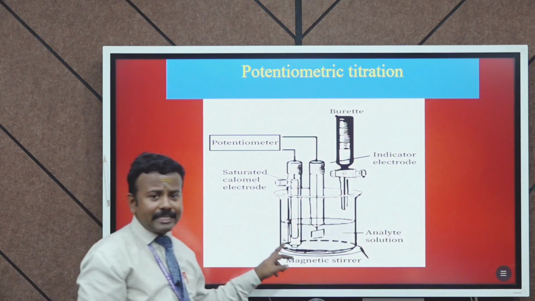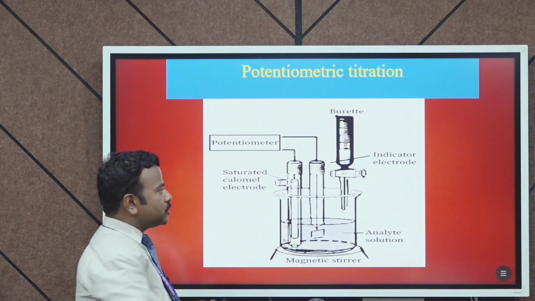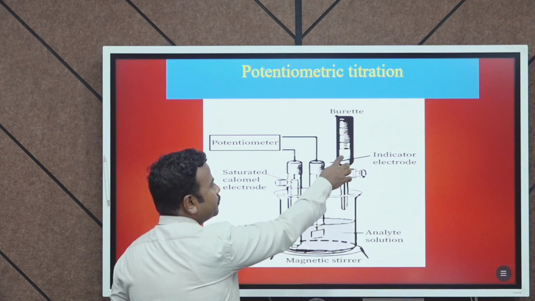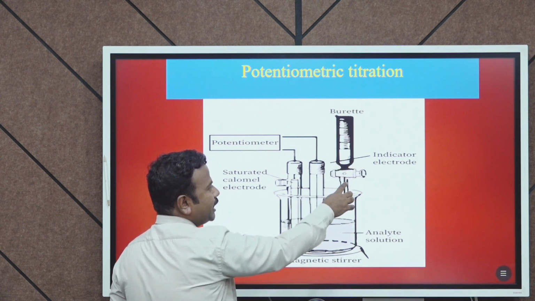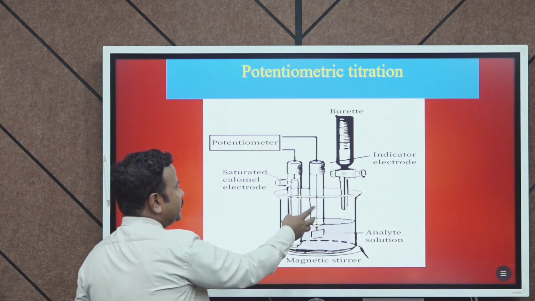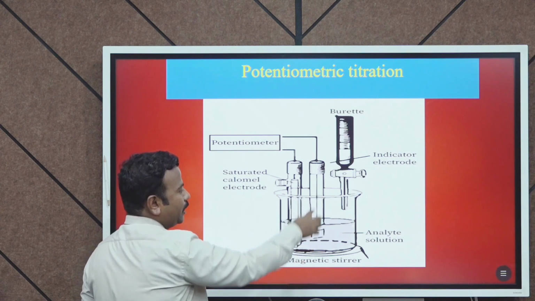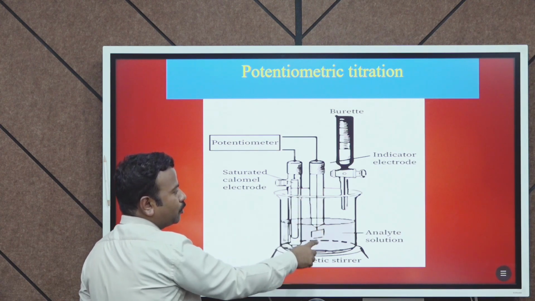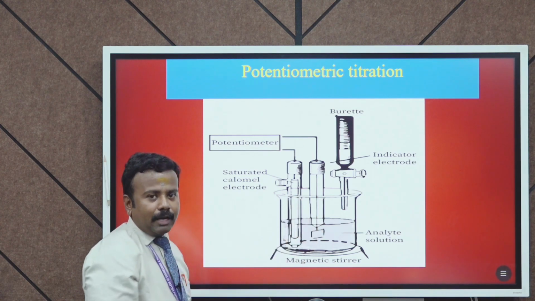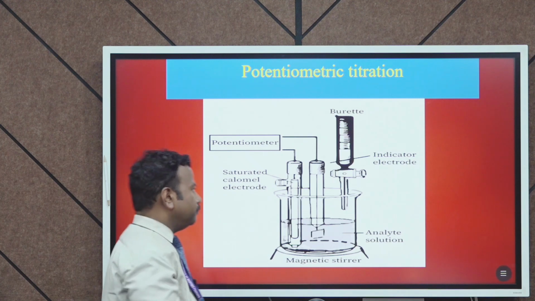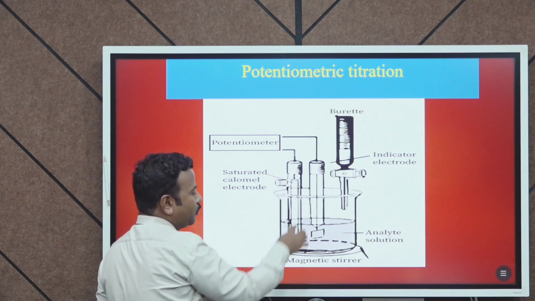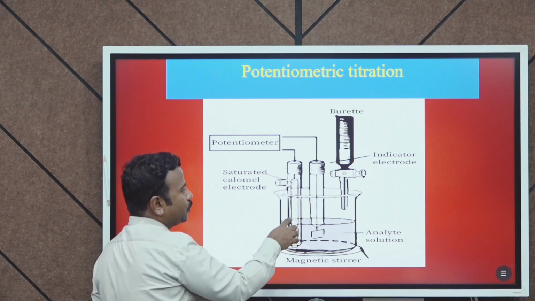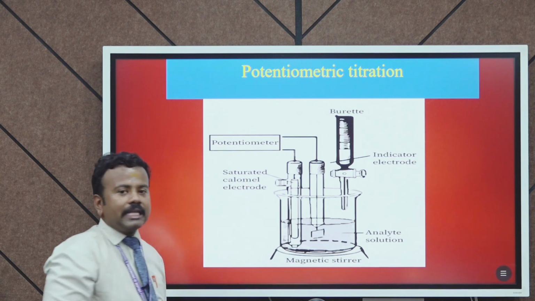This is the entire setup of the potentiometric titration. Here this is the burette, in which the titrant is taken. Then two electrodes are connected. One is called the indicator electrode, which may be a platinum electrode or a silver ion electrode. The other is the saturated calomel electrode, which is the reference electrode.